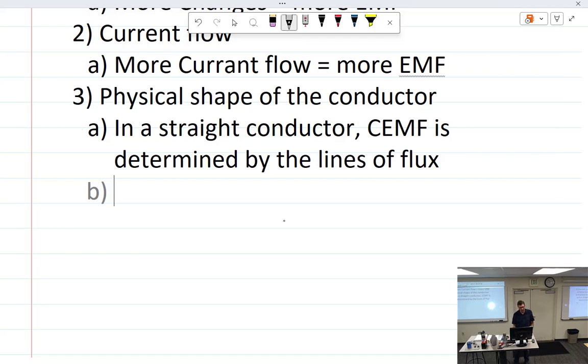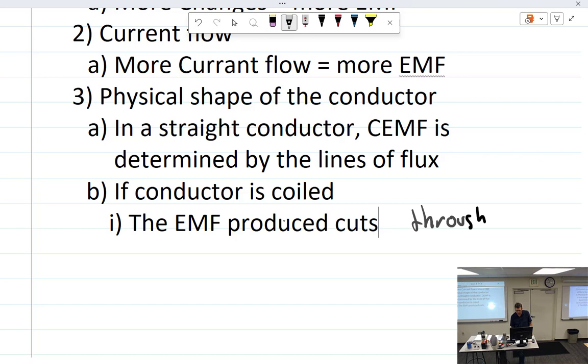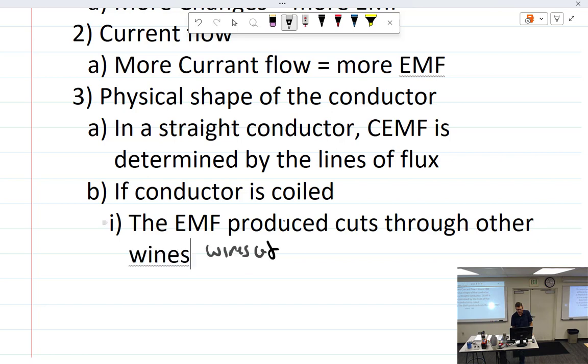But if the conductor is coiled, now we have a problem. If the conductor is coiled, we call that a coil. The EMF produced cuts through other wires at multiple points.